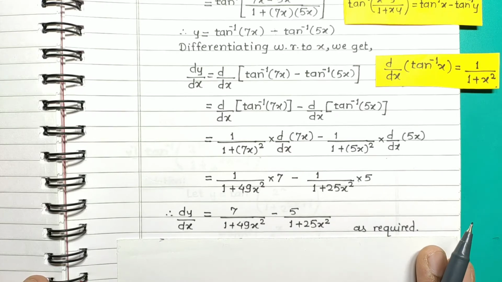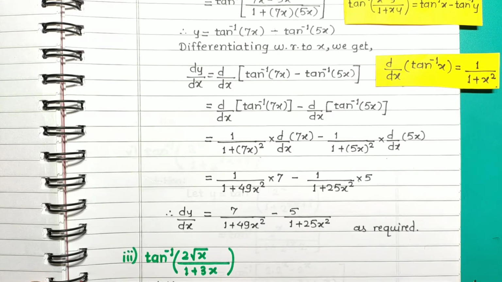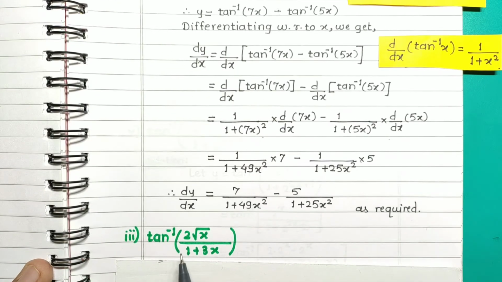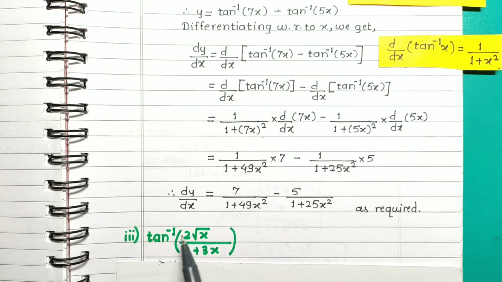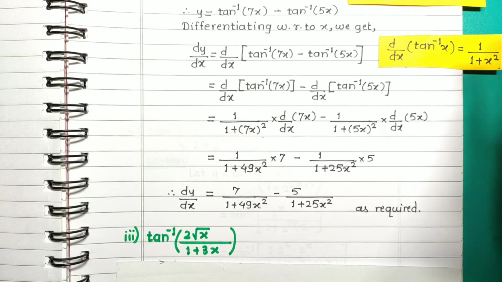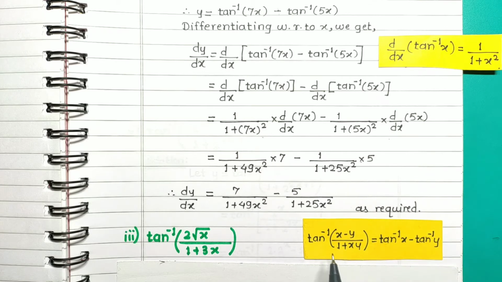Okay. Then the third subquestion is, we are given this function tan inverse of 2 root x upon 1 plus 3x. See, again we have a tan inverse function here. So we have to think whether it is possible to arrange it like this formula.